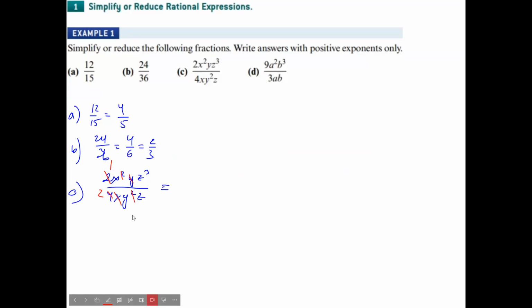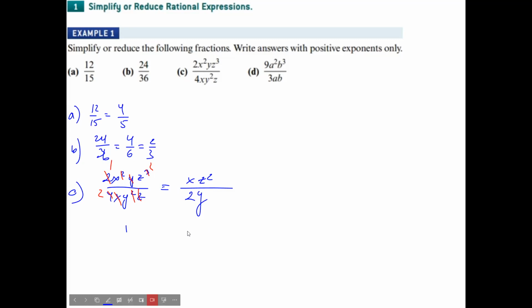Y squared, z squared. Good. So as a result, I have x z squared over 2y. Is it?